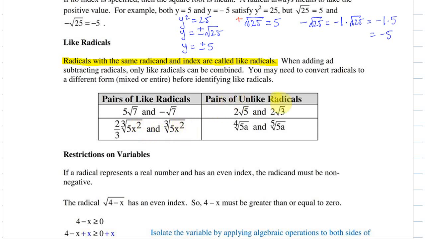Now in our second column, we have examples of unlike radicals. So why are the first 2 radicals not like? Well, if you take a look, even though they share the same index, 2, they don't share the same radicand. So these are unlike because they have unlike radicands.